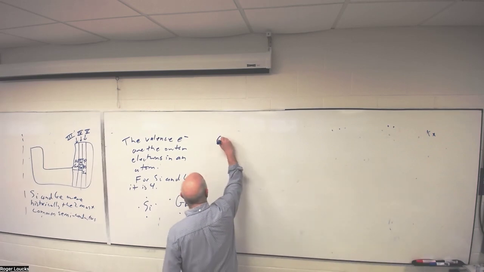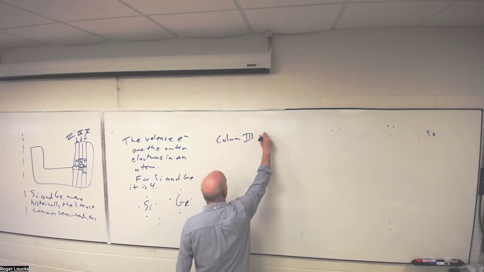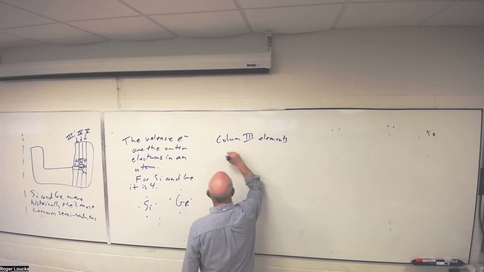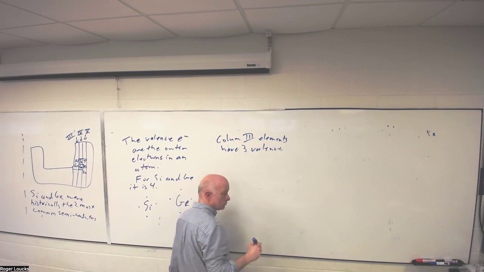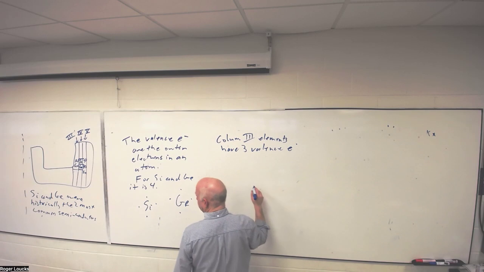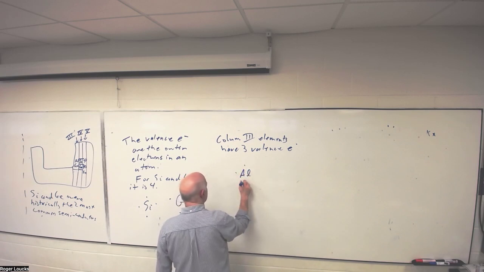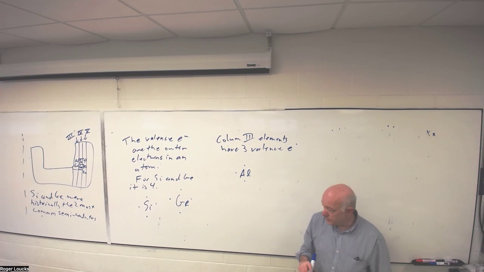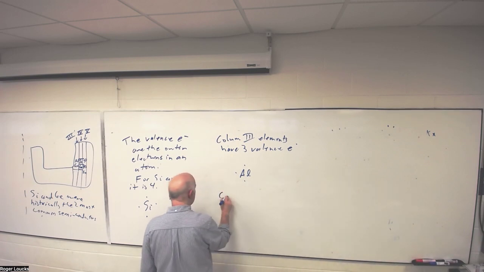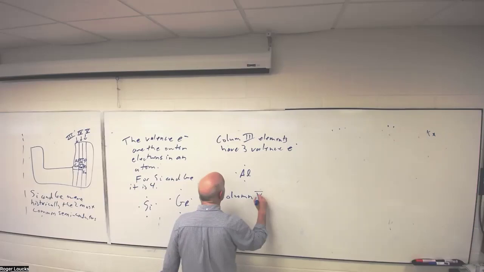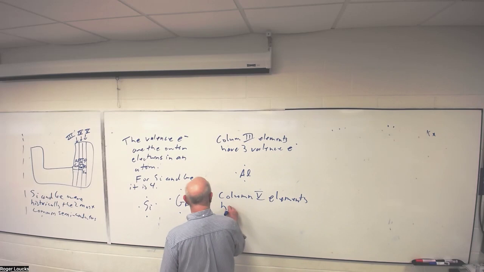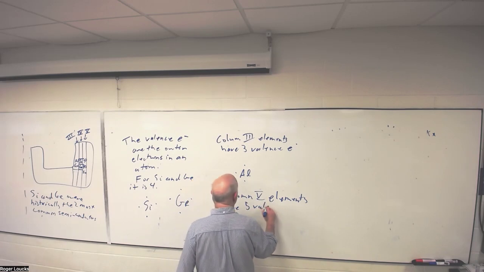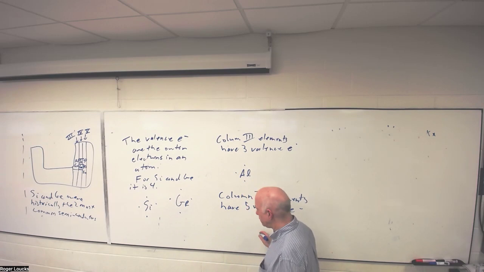So column 3 elements have 3 valence electrons. If you look at aluminum, you're going to have 3. If you look at column 5, they have 5 valence electrons. If you look at arsenic, you have things like that.